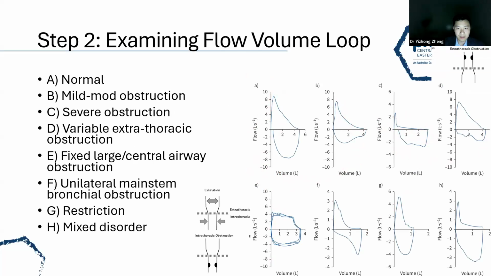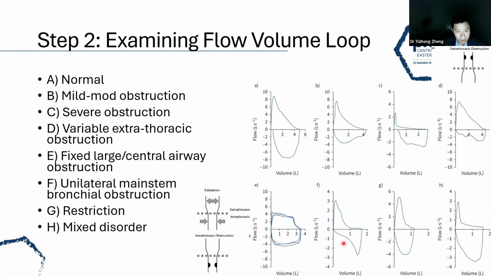What that means is that the obstructive anatomical pathology occurs outside the chest, hence it's subject to forces of inhalation. And hence, during inhalation, you have truncation of the inspiratory loop. This is apparent on any closed loop spirometry systems, which may not be measurable in the handheld open spirometry devices.